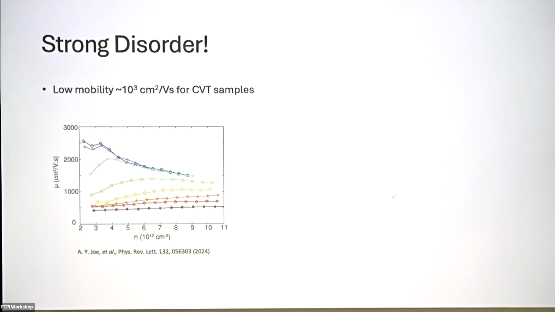This is the mobility for the CVT sample. And as you can see, different colors indicate different temperatures. The lowest temperature mobility is only like 2.5 thousand. Which material is this? It's tungsten diselenide. But similar things happen for other TMD materials.